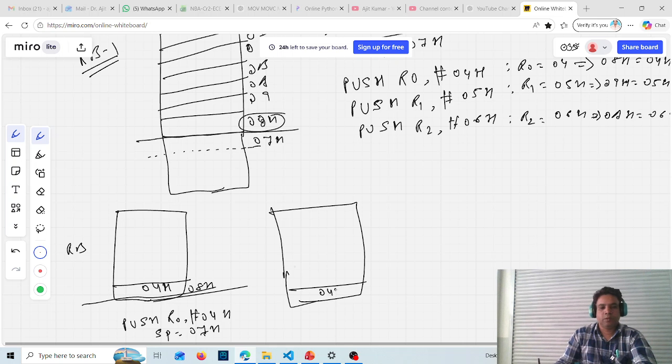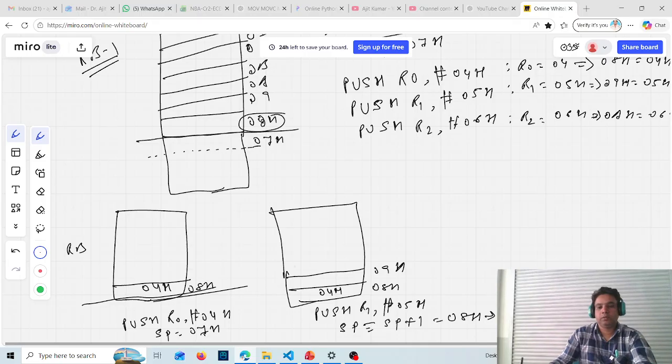Then we have written push R1, comma, #05H. Now the SP becomes SP plus 1 and points to the next address, 09H, so in that address this data 05 will be stored.